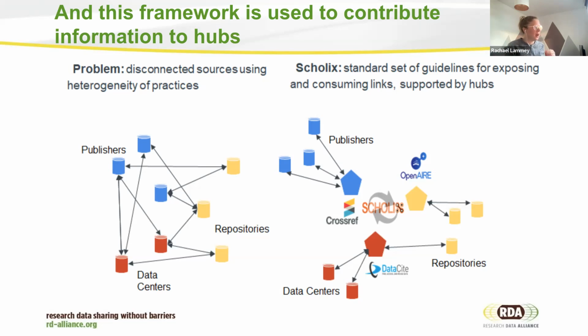ecosystem was like before. So maybe a repository was sharing information with a publisher in a specific format. Different publishers were sharing information with different repositories, again potentially in slightly different formats. Data centers were doing the same.